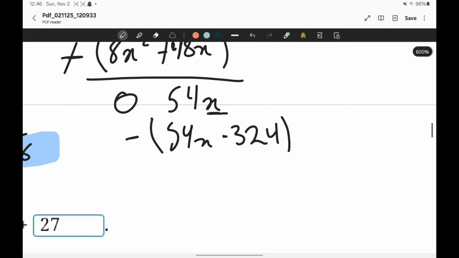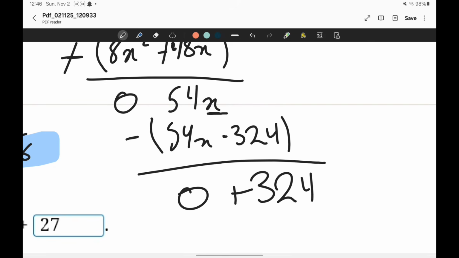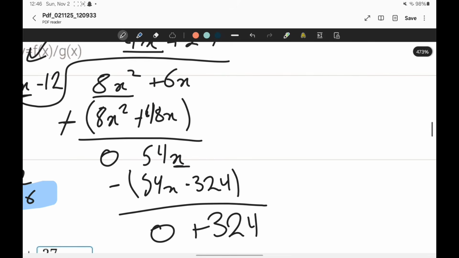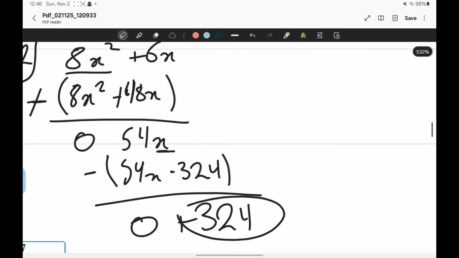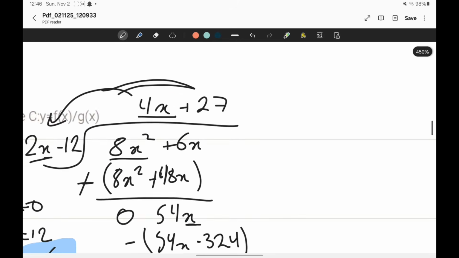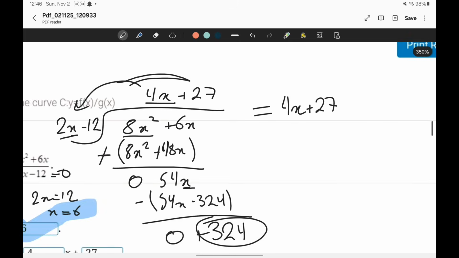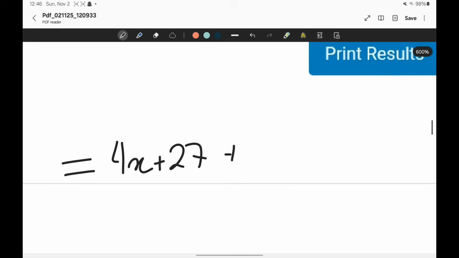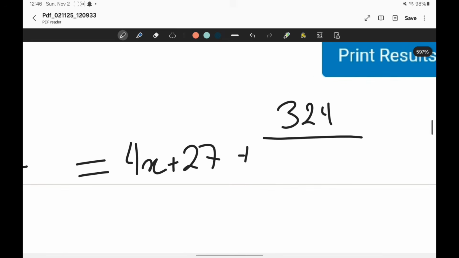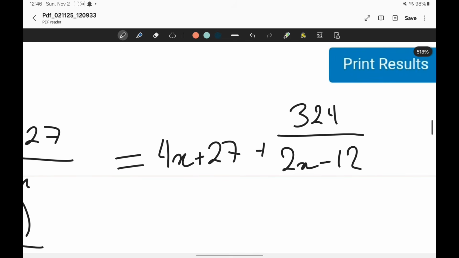So 54x minus 54x is 0, and we're left with plus 324. There is no x here, it's just a whole number, so we keep this as the remainder. So this all equals 4x plus 27, and the remainder is plus 324 over what we were dividing by, 2x minus 12.